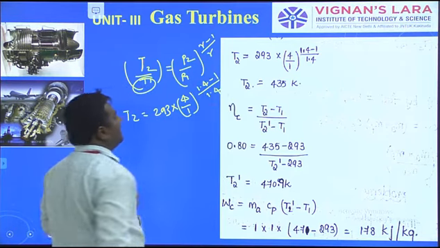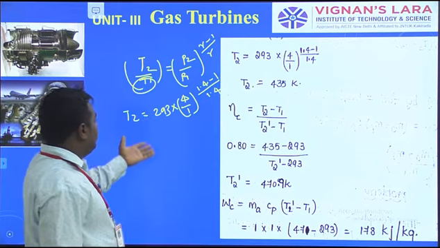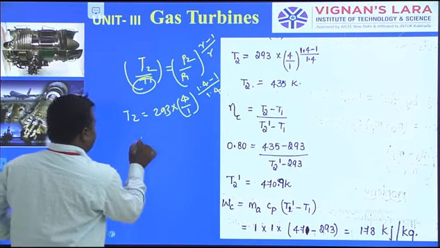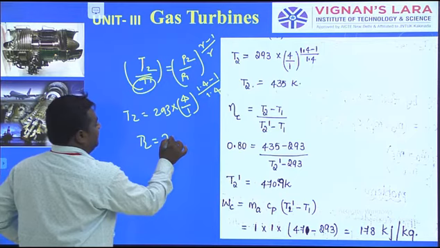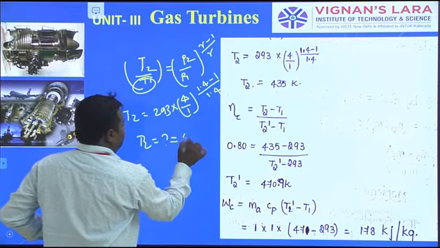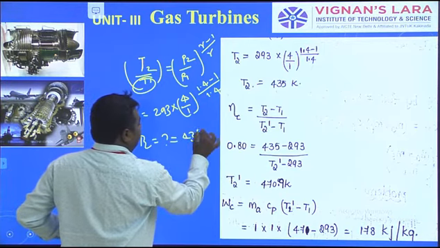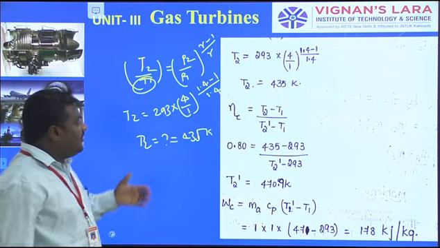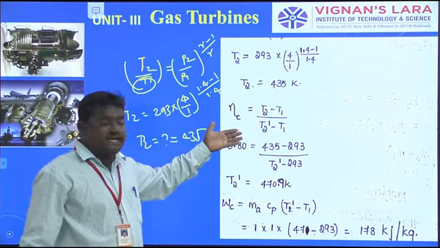The gamma value we already know. Then finally we get the T2 value, 435 Kelvin.